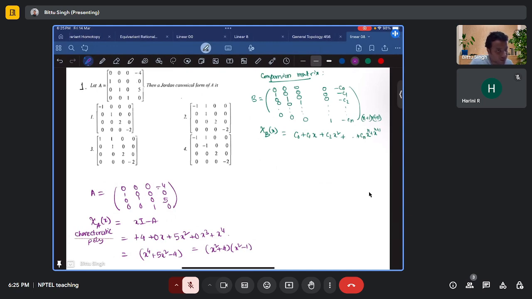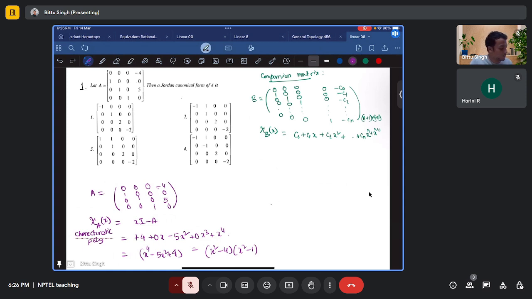And then there should be minus 5, but there was plus 5. After that, it is okay. So x to the power 4 minus 5x squared plus 4. Factorizing this we have x squared minus 4 into x squared minus 1.